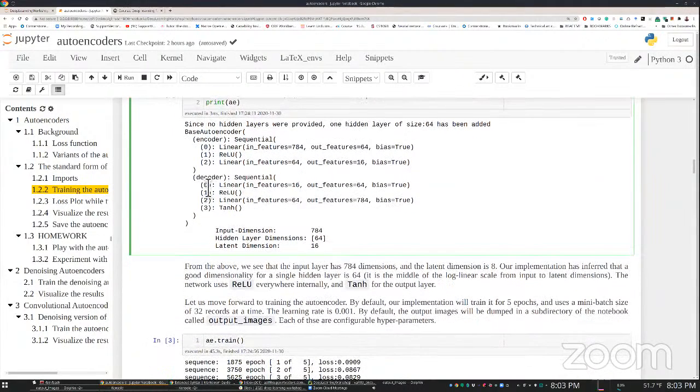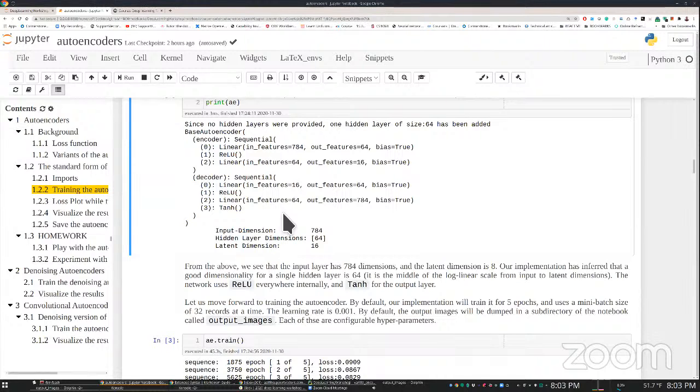So that's that. And then the decoder is just the reverse of the encoder, except that at the output of the decoder, you notice that everywhere there is ReLU, but at the output there is a tanh. Why tanh? Because the MNIST images we have standardized to the scale of 0 to 1. There are two ways of getting values in 0 to 1: either you can use sigmoid or you can use tanh.